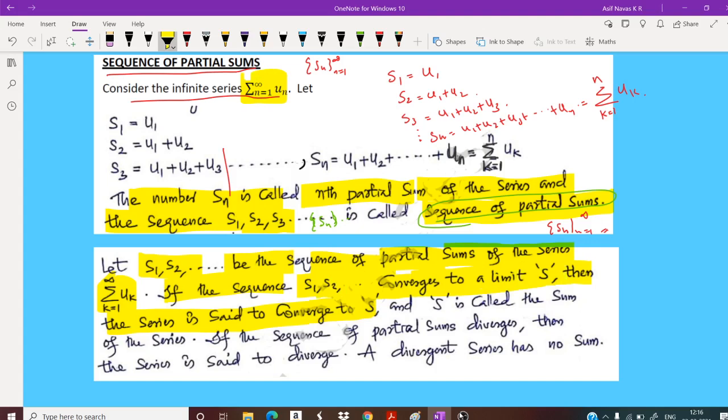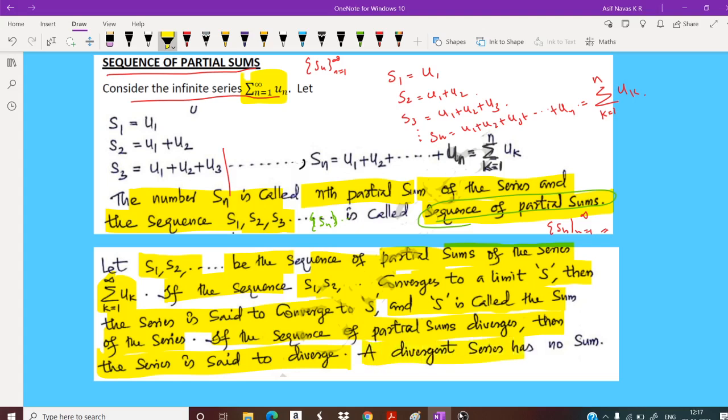So, in order to check whether the series is convergent, it is enough to check whether the sequence of partial sums converges. And S is called the sum of the series. If the sequence of partial sums diverges, then the series is said to diverge. Then a divergent series has no sum.